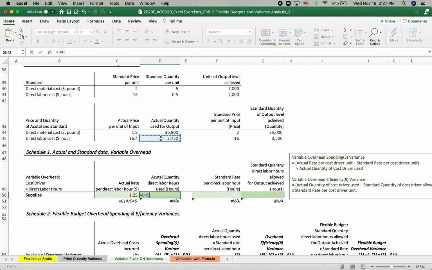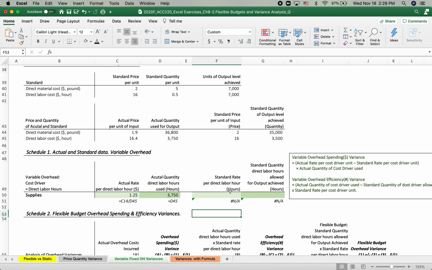Again we are using direct labor hours as the cost driver, because we cannot trace the supplies spending and volume in every usage of the variable overhead.